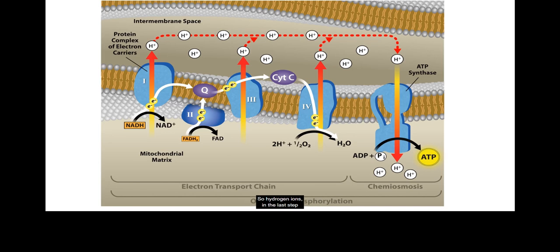So hydrogen ions in the last step of oxidative phosphorylation, chemoosmosis, will rush inside the mitochondrial matrix because they're moving from the area of high concentration to the area of low concentration, and because they want to move to the area of opposite charge. In here we have negative charge and the hydrogen protons are positively charged. And all this energy from the movement of the hydrogen ions will be used by ATP synthetase to attach a phosphate group to ADP and produce an ATP molecule.